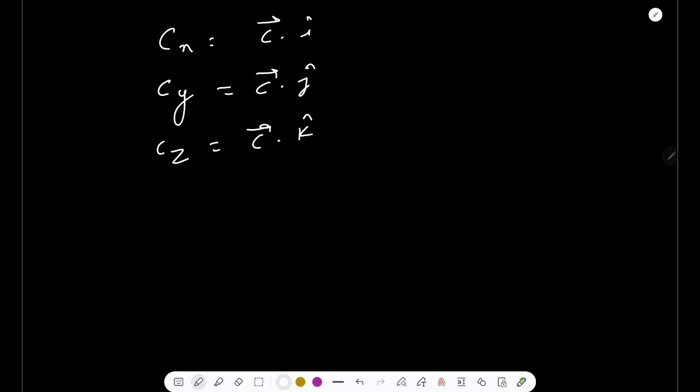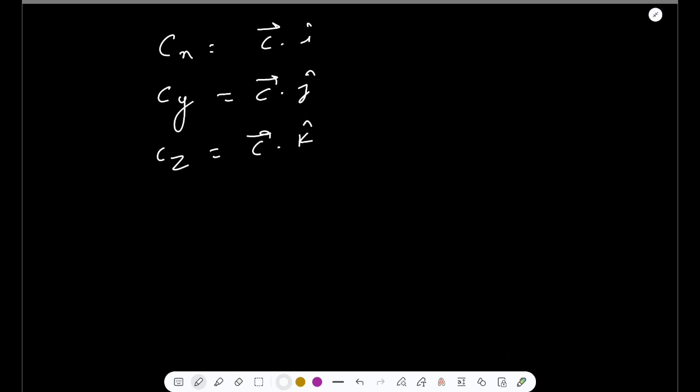And if vector C makes angles alpha, beta and gamma with the x, y and z axes, you can write C dot i simply as C cos alpha, C dot j as C cos beta, and C dot k as C cos gamma.